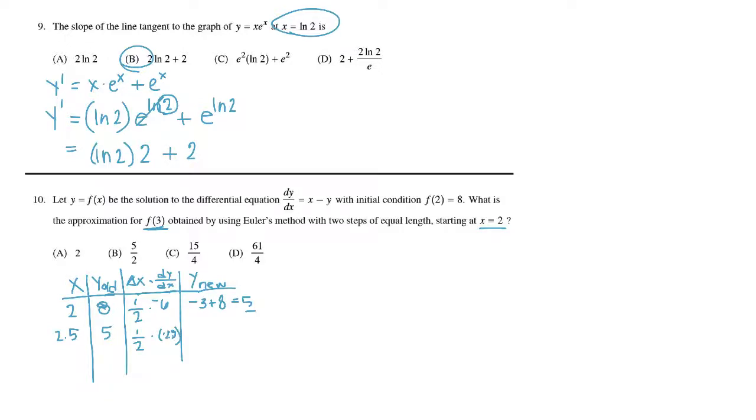And so when I multiply these, I'm going to have 5 minus 1.25. And so that's going to give me really the y value that I'm looking for, which is 3.75 or 3 3/4, which is going to give us C.